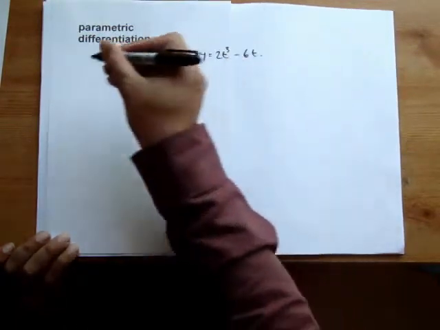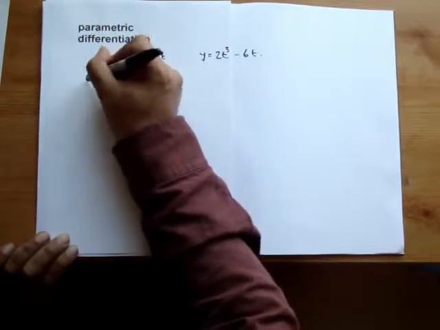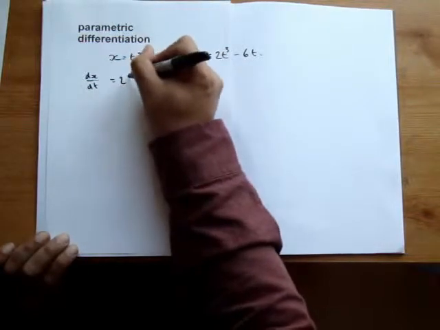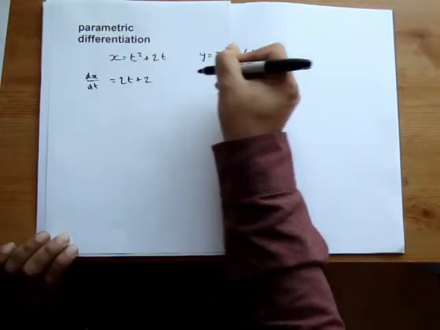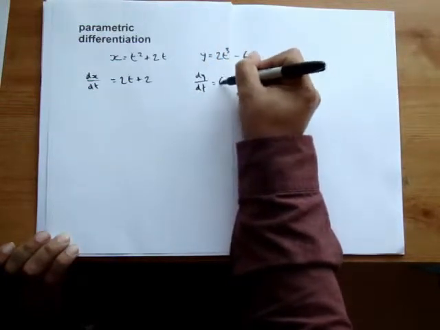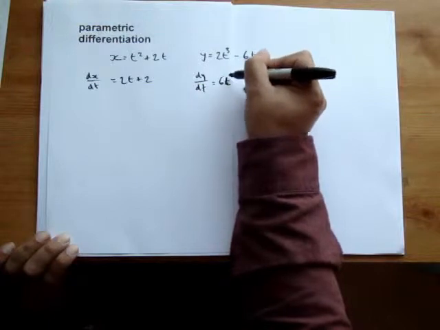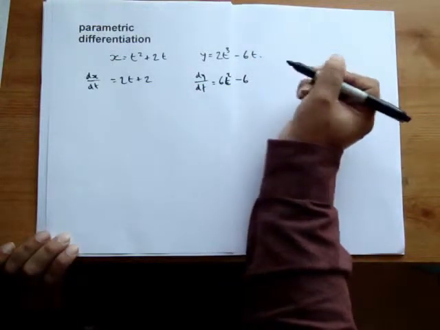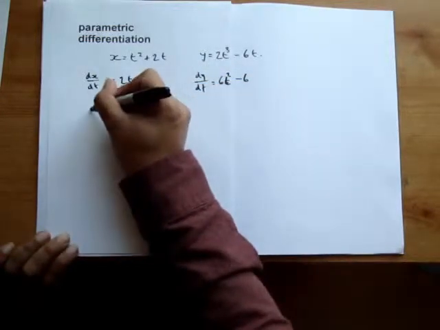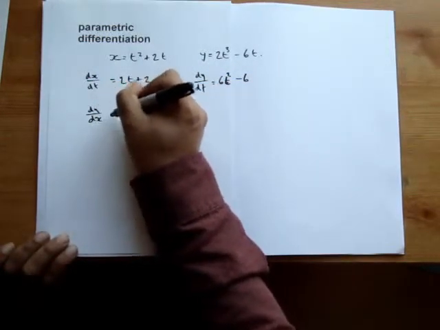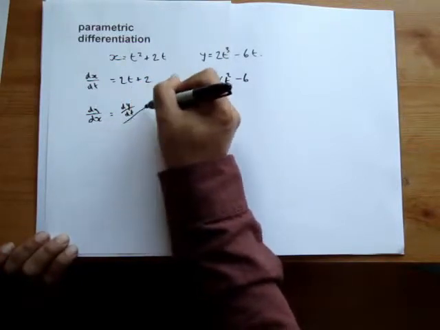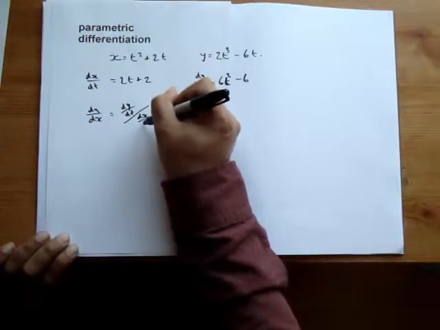So first of all we find dx by dt, and that is 2t plus 2. dy by dt is 6t squared minus 6, using our formula that we did earlier, which was dy by dx equals dy by dt all over dx by dt.